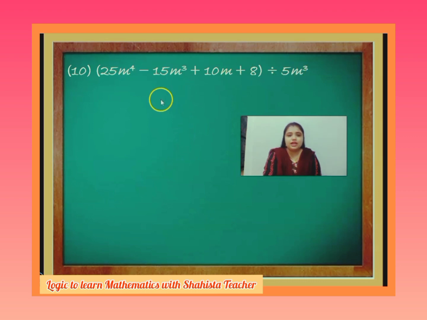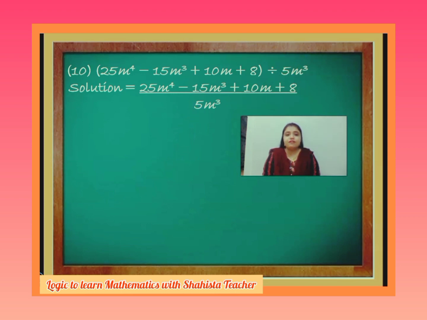So let's start. Solution: 25m raised to 4 minus 15m cube plus 10m plus 8 is the numerator, and 5m cube is the denominator. Now we have to divide this. The most important thing is that we take a number by which we get a common numerator and common denominator.